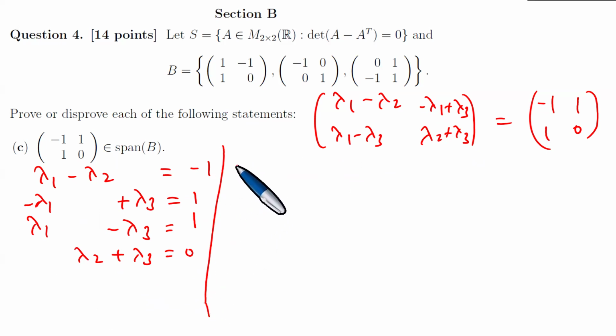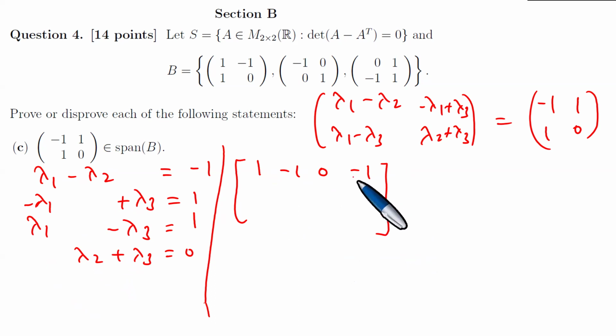Now, this matrix here, we need to solve for the values of lambda. And this matrix is a little bit strange. I'm going to explain why it's strange. Let's write this. It's going to be 1, minus 1, 0, minus 1, augmented.